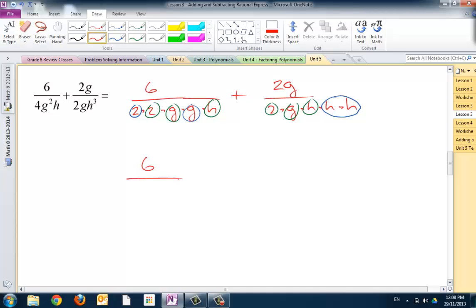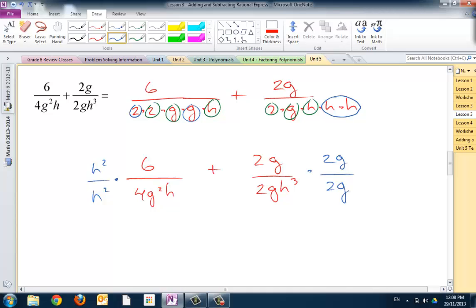So let's write this out. I've got 6 over, I'm going to write this back as its proper denominators just for ease of use. So I'm going to multiply the left-hand side. We said I was multiplying the left-hand side by h squared over h squared, and the right-hand side we're multiplying by 2g.